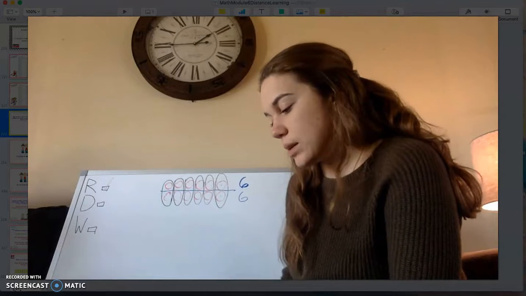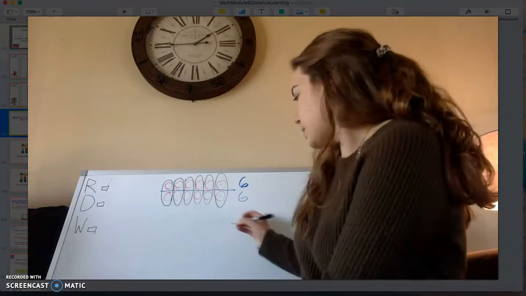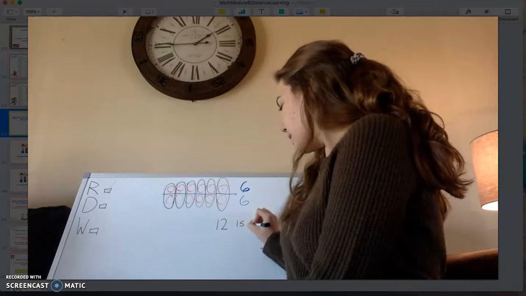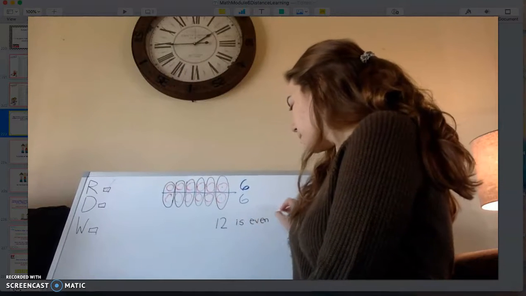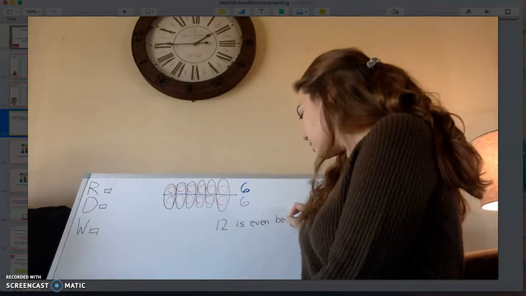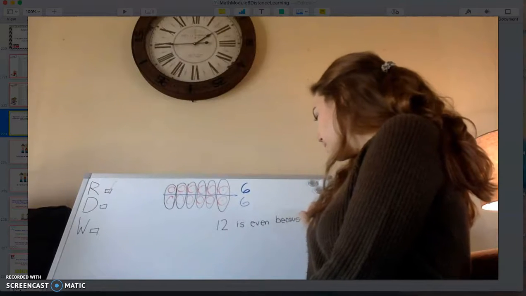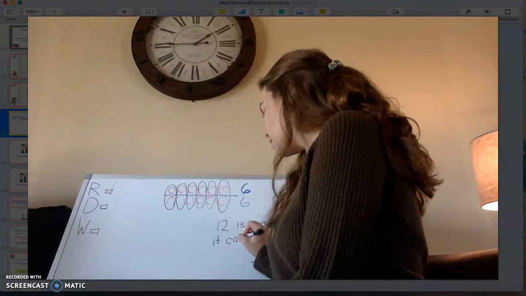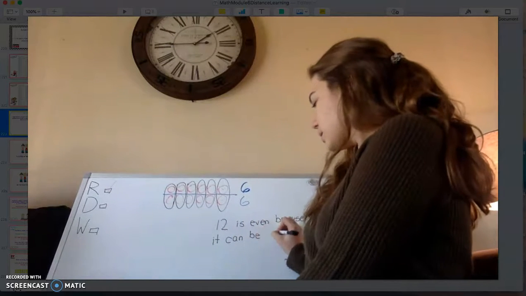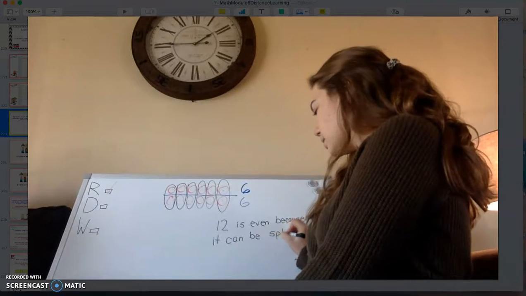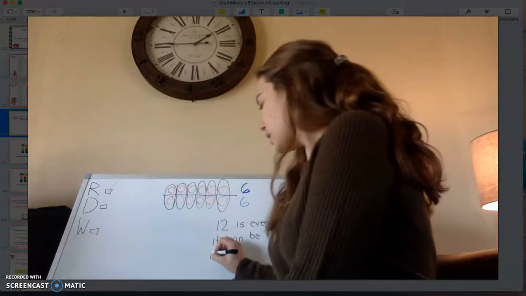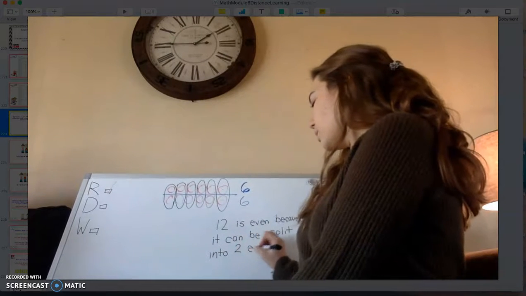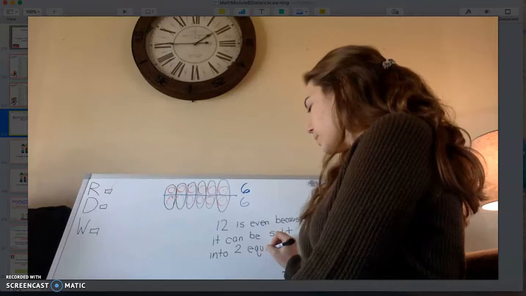If I was going to write this in words, I would say 12 is even because it can be split into 2 equal groups.